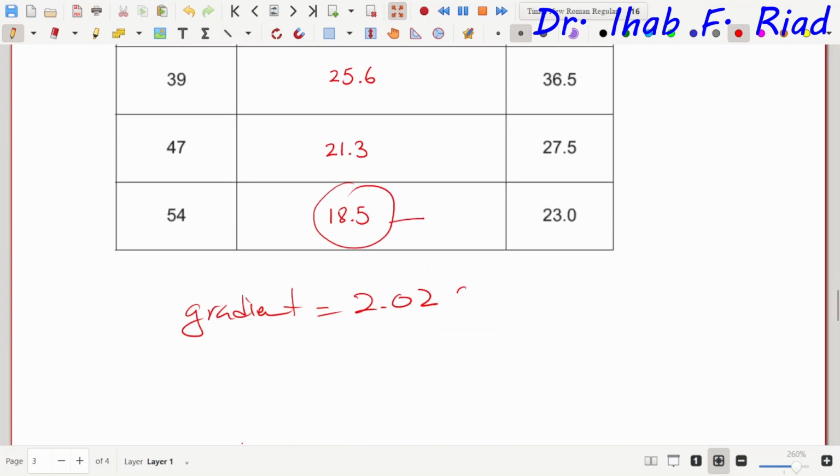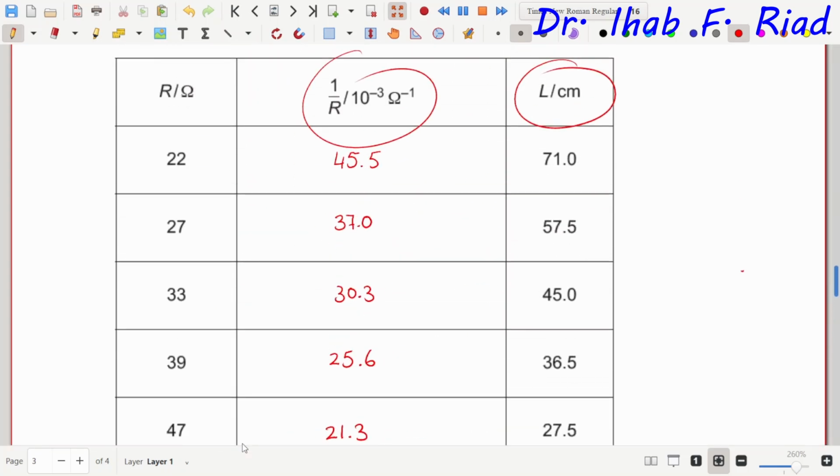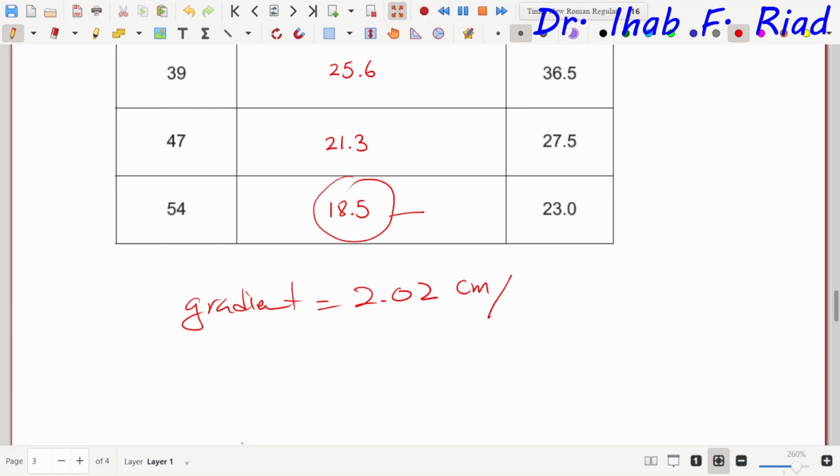So it is going to be centimeter divided by 1 over r, times 10 to the power minus 3. Okay, this is going to round up to 2.02 times 10 to the 3 centimeter ohms.